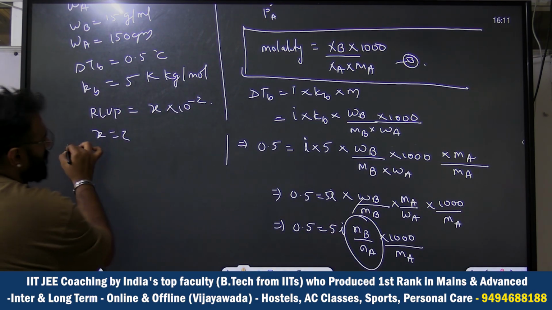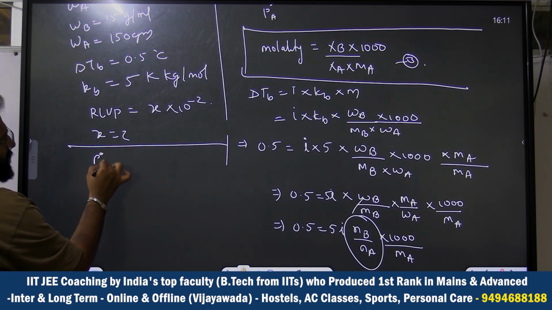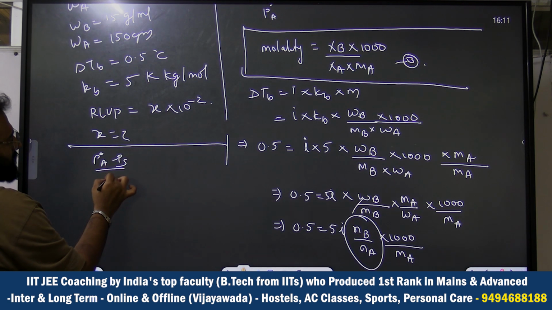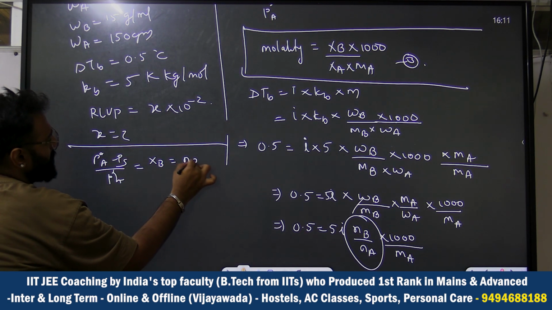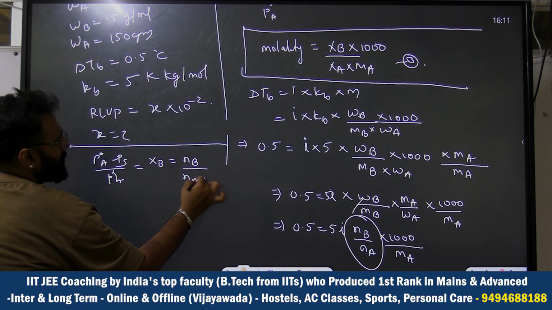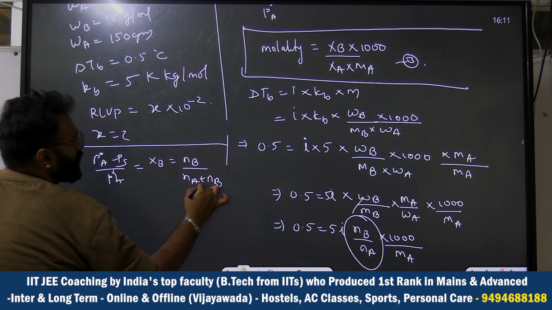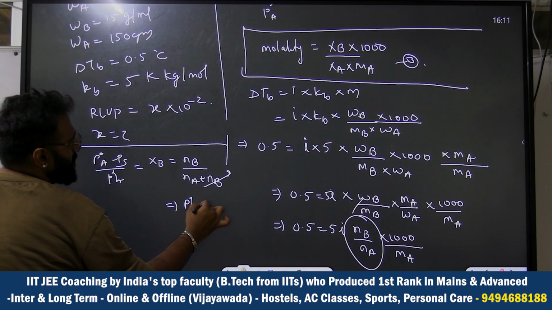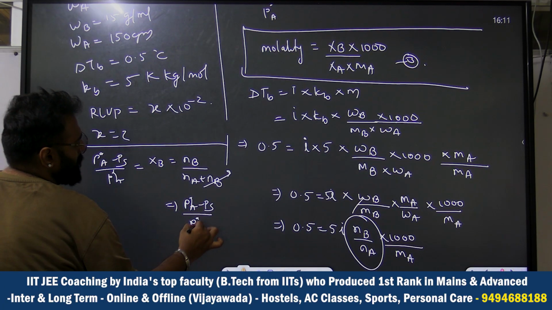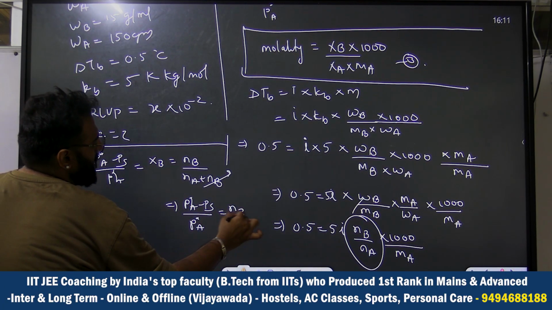And what is this? We know that (P naught A minus PS) upon P naught A is equal to XB, which is equal to NB by (NA plus NB). If we ignore NB in the denominator, then (P naught A minus PS) upon P naught A is equal to NB by NA.